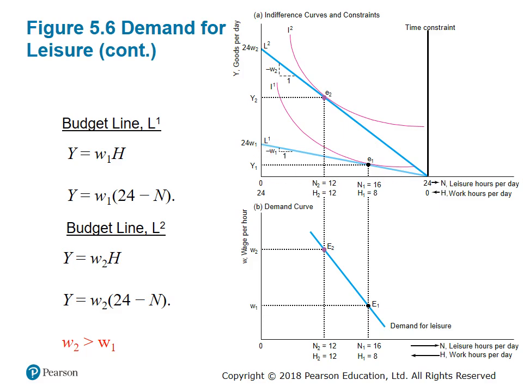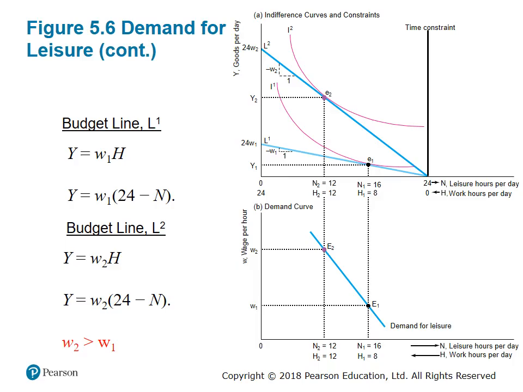The new vertical intercept is the maximum income that Jackie can earn if she works for the full 24 hours, and that is higher now at 24 times W2. The slope of the new budget constraint is minus W2, and this shows that the new budget constraint is steeper than L1.